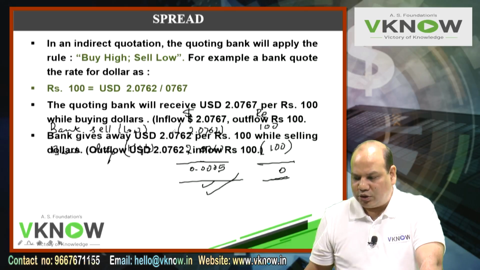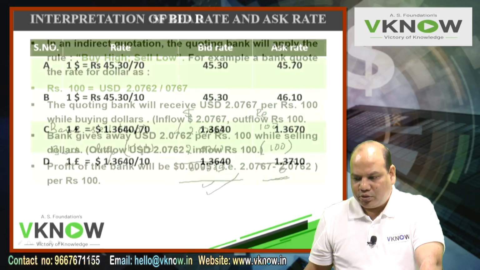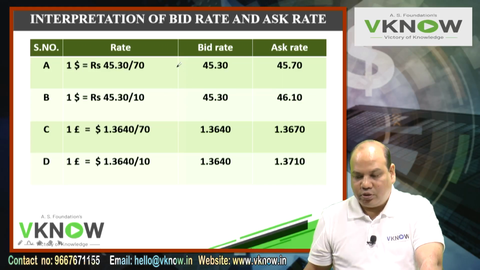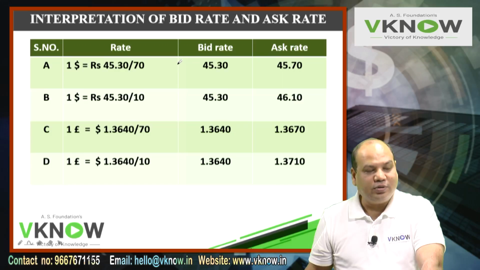Sometimes indirect quotation troubles you because you are not used to indirect quotation, just like you are not used to driving on the right side of the road. You are not used to writing the debit items on the right side of the ledger. But then you slowly get used to that.